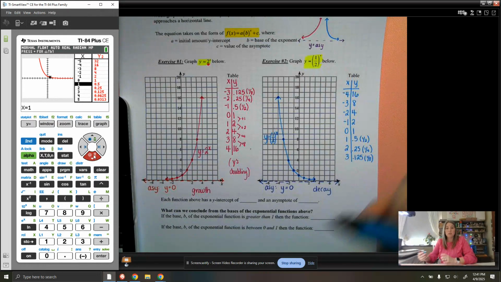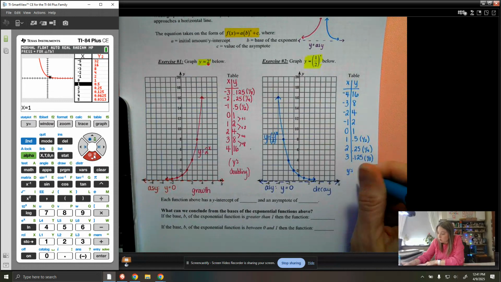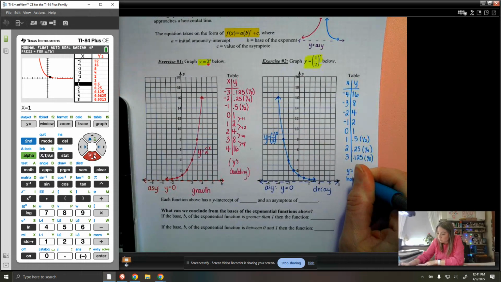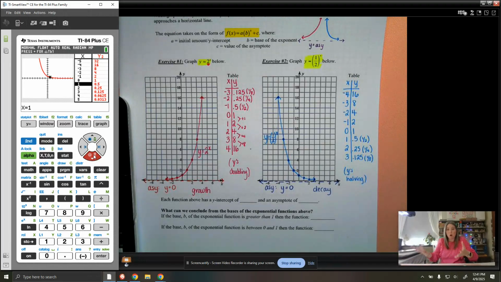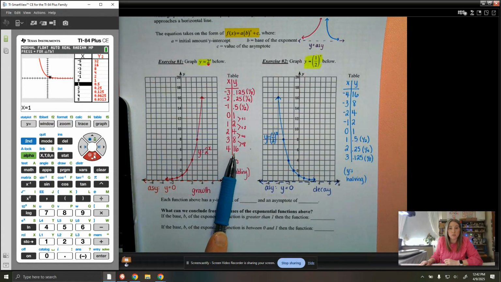Okay. Now this time, we know the y's were halving as x increased, y was halving, being taken in half. And that's the pattern we see. Growth: as x increases, y increases.